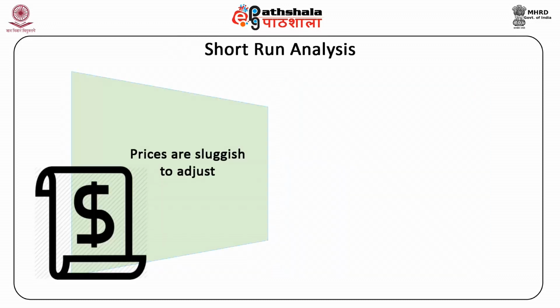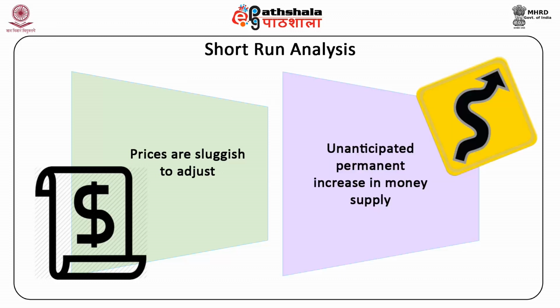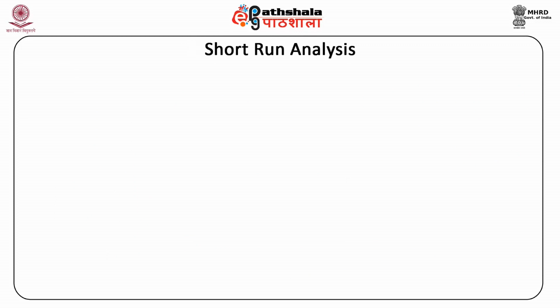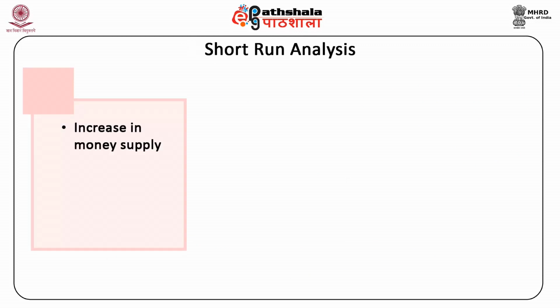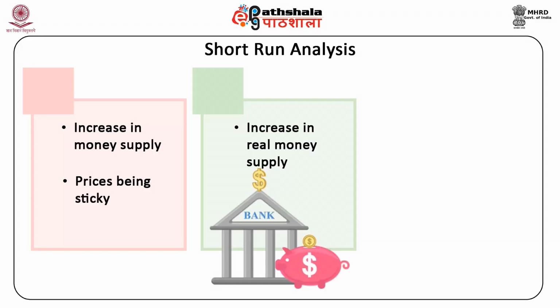In the short run, prices are sluggish to adjust. If there is an unanticipated permanent increase in money supply, the exchange rate will become highly volatile and will depreciate by a huge amount. An unexpected permanent increase in the nominal supply of money, with prices being sticky in the short run, implies an increase in the real money supply in the short run.